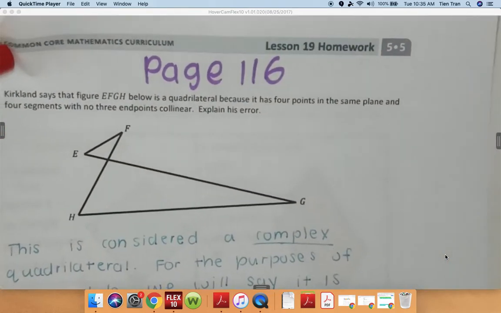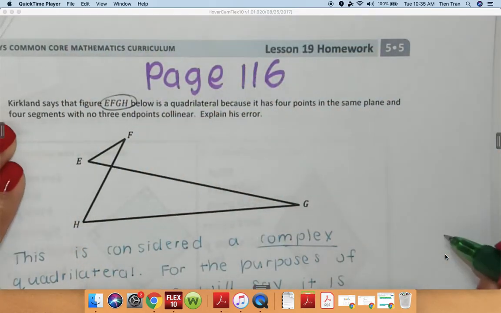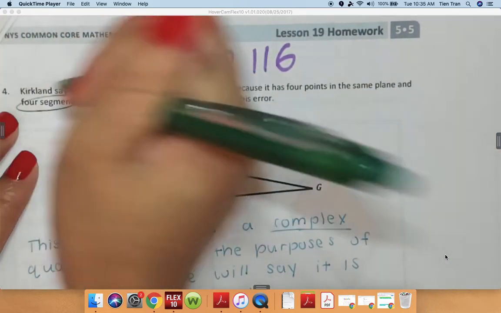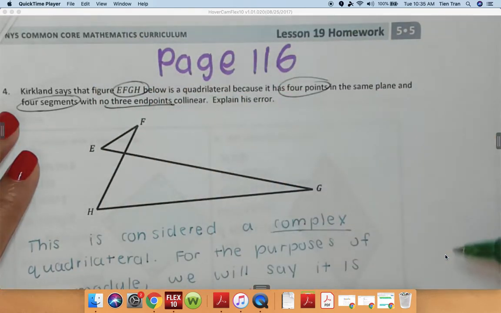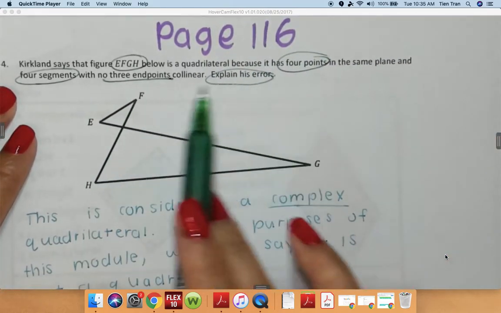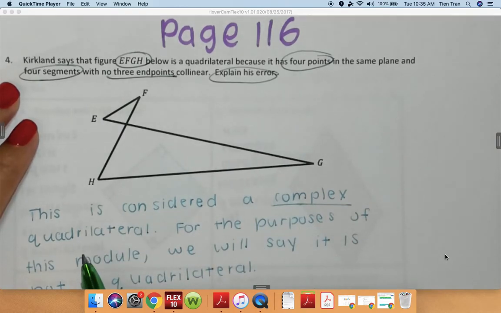It says Kirkland says that figure EFGH below is a quadrilateral because it has 4 points in the same plane and 4 segments with no 3 endpoints collinear. Explain his error. So right here is the shape that they give me. So this is considered a complex quadrilateral.